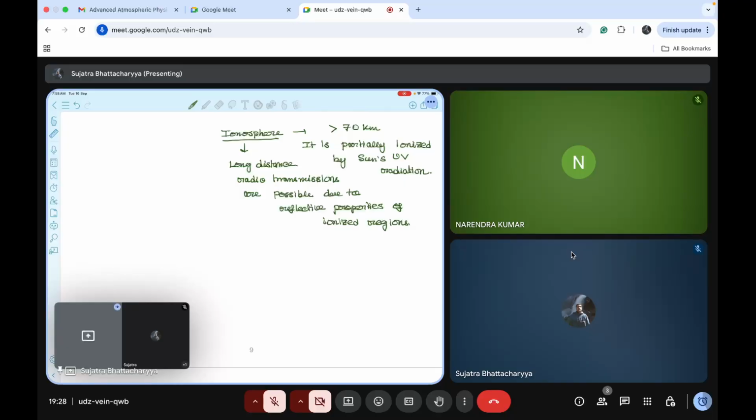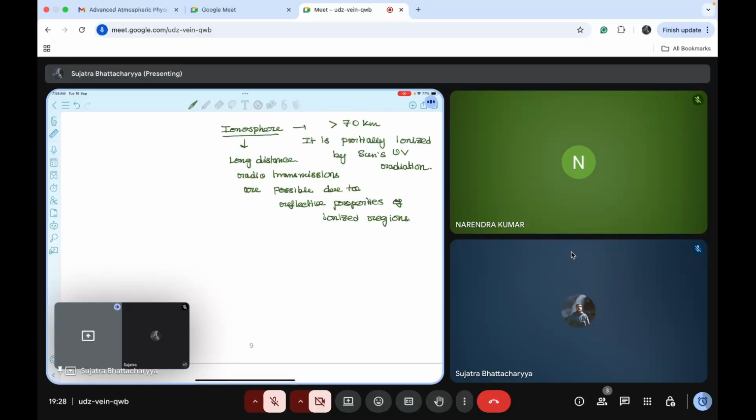Okay, so there are many layers, different layers within the ionosphere. The first one is the D layer, which is the lowermost or the lowest layer of the ionosphere.